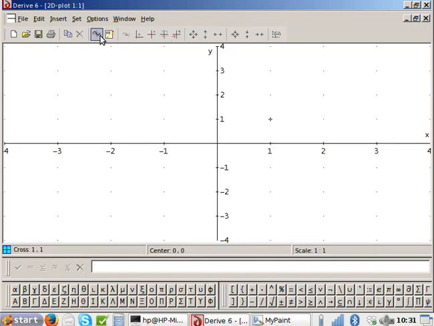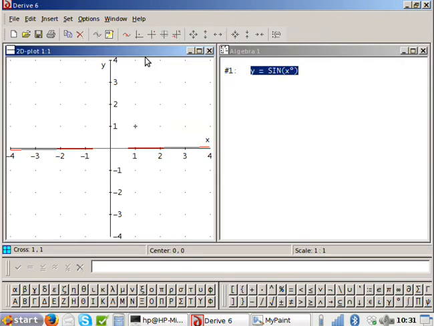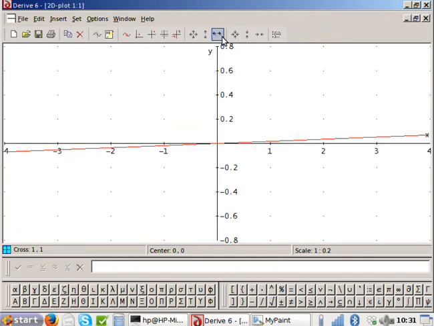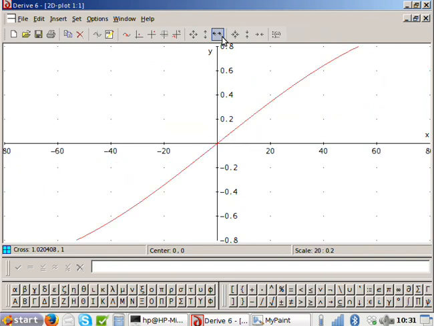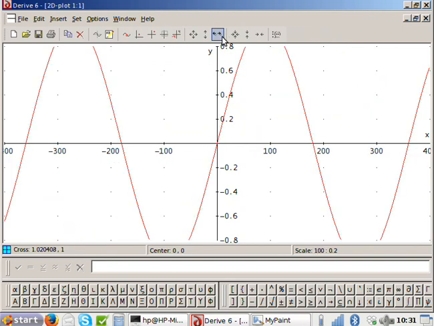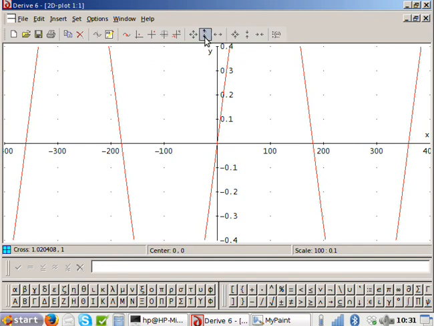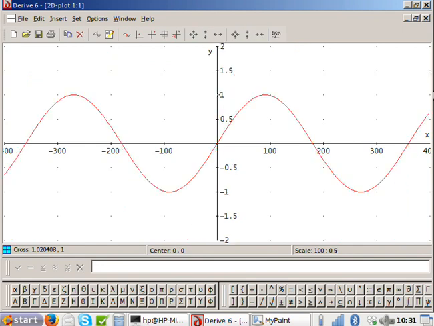And finally, in red, is y equals tan x. And tan x is really strange. It goes like this. What is this madness? Hang on, did I do that right?